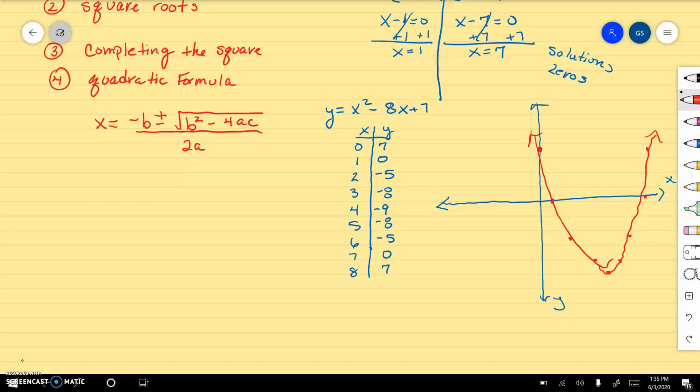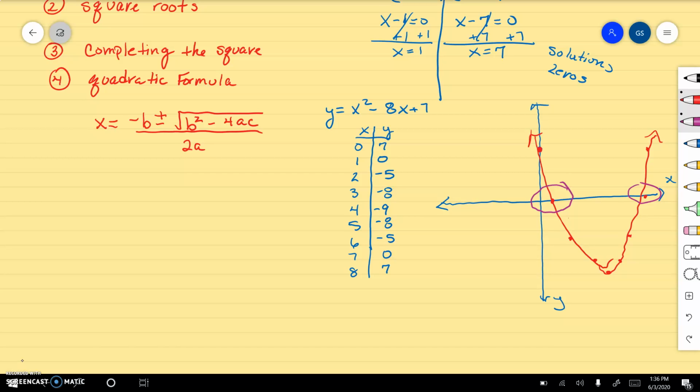Okay, now here we're looking for the x-intercepts. The x-intercepts are where the graph goes through the x-axis. All right, so I don't want that color. I want this color. Here's one of them, and here's the other. Now, I know when you're graphing, you'd be able to count over to them.